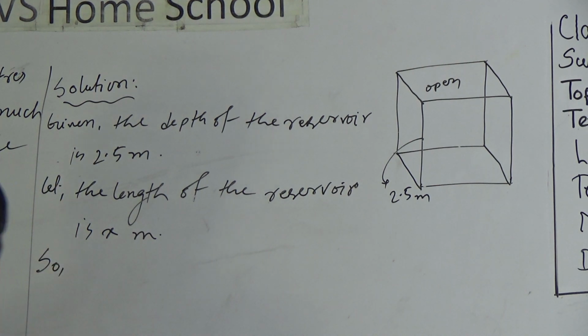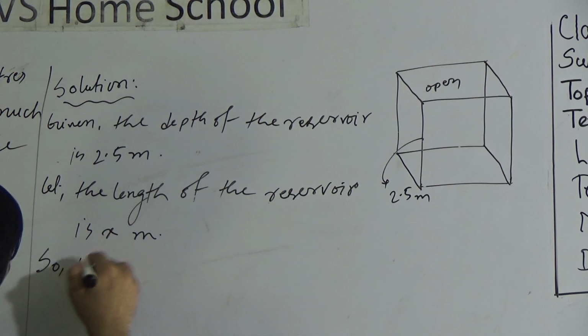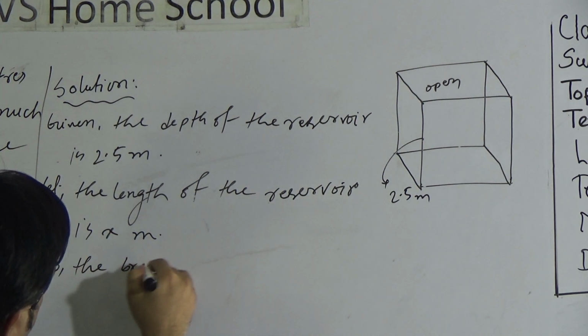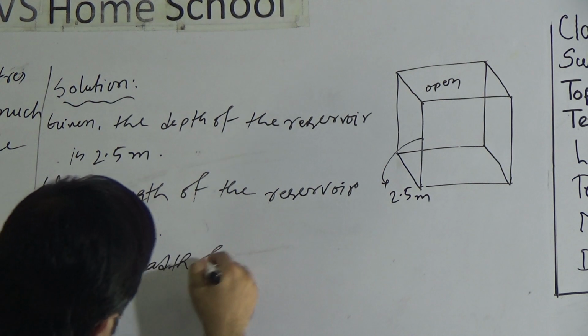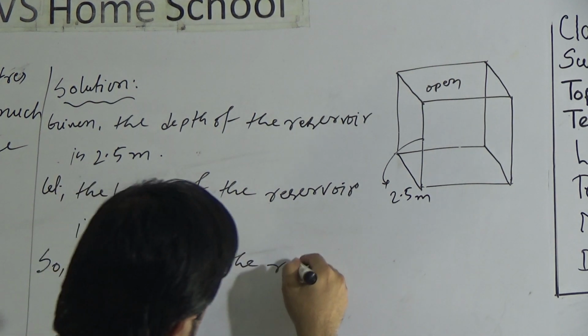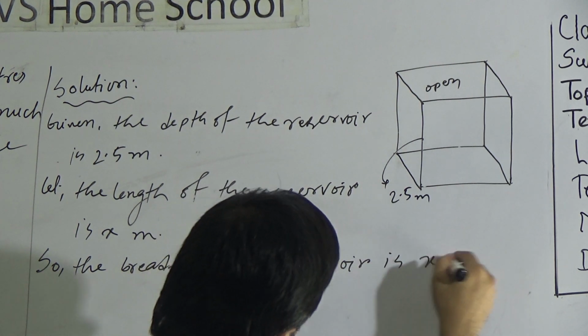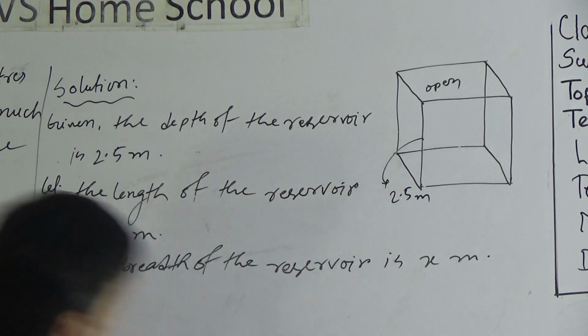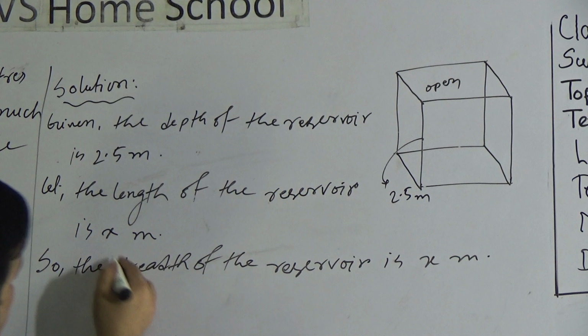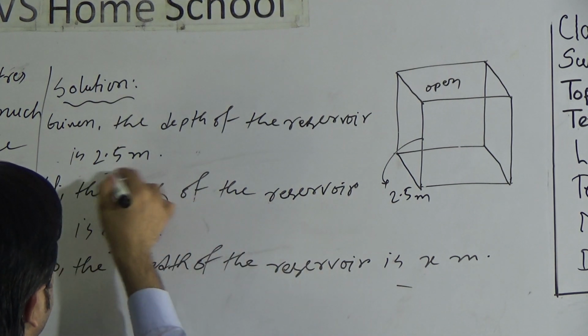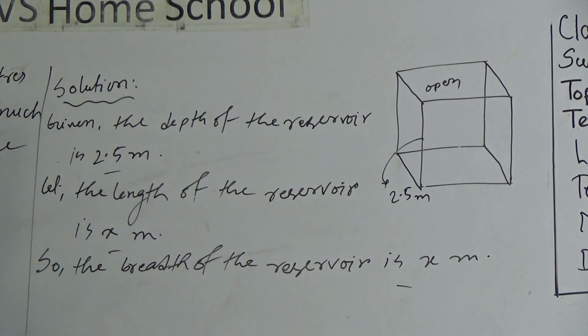As this is square open, its surface of the base will be a square, so the length and breadth will be same. So the breadth of the reservoir is also x meter.